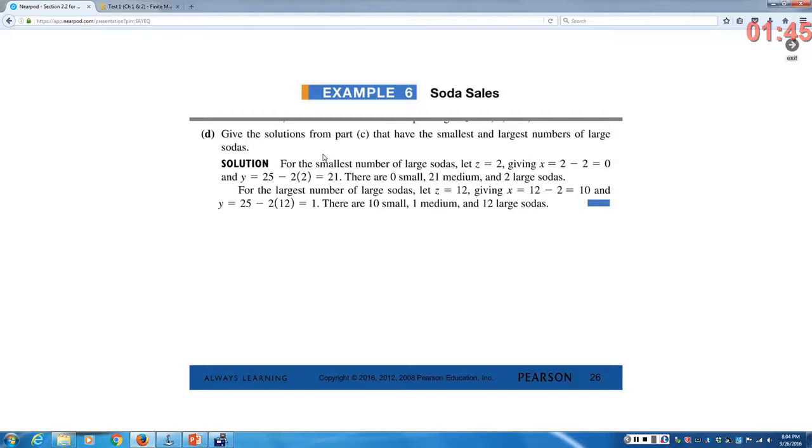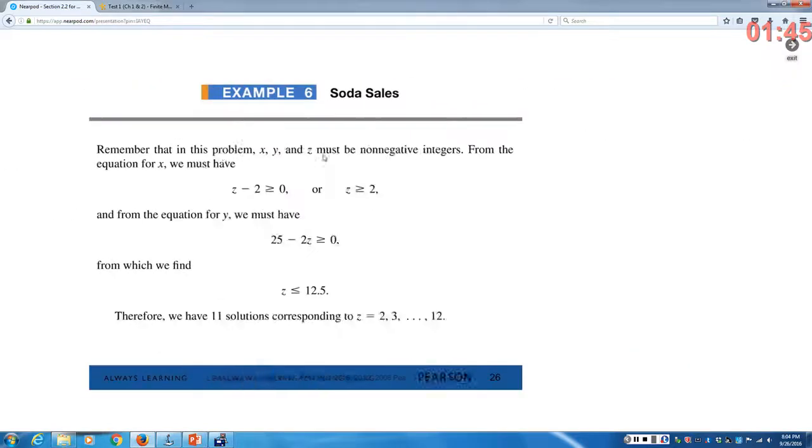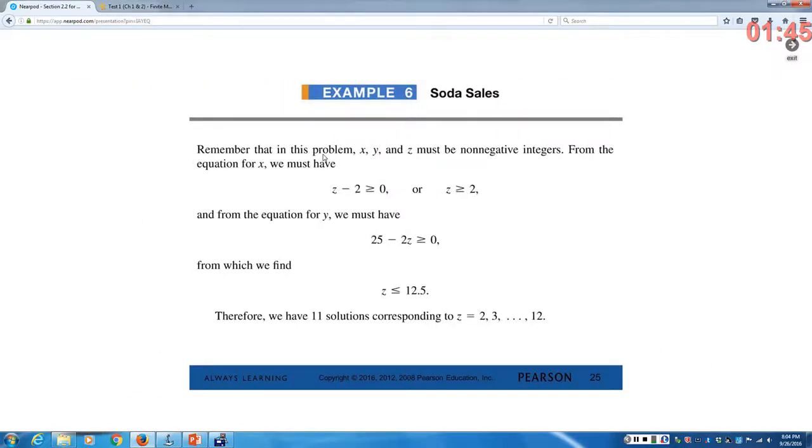Now, how did you know Z had to be greater than or equal to 2? Go back. I missed that. It made sense when you said it, but then... Okay, let me say it again and explain a little bit more. Z has to be non-negative, because you can't sell negative sodas, right?